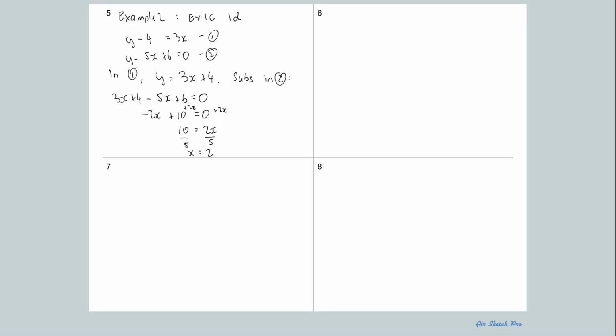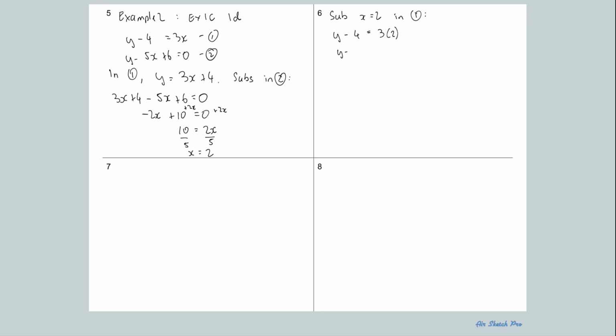So I used equation 2 then, so I'll go back to equation 1. So substitute x equals 2 is another way of writing it. Substitute x equals 2 in equation 1. And so I have y minus 4 is equal to 3 multiplied by 2. Notice I used the original form of that equation, not the manipulated one.